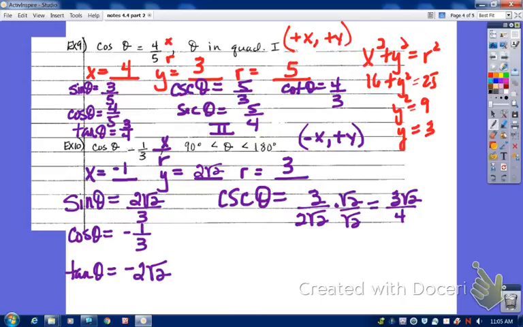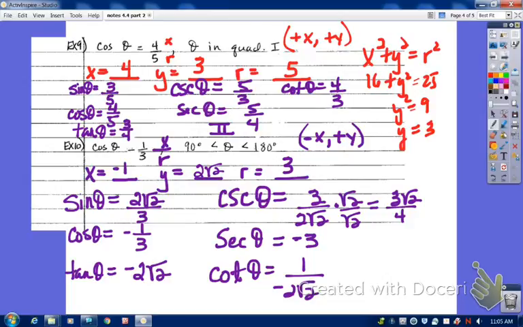Good. Secant will be easier. Secant will be what? Just negative 3. And cotangent will be a little bit harder. Cotangent will be 1 over negative 2 square root of 2, and you will have to rationalize there. And that will give you negative what?